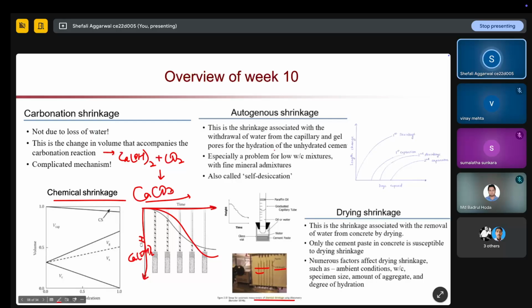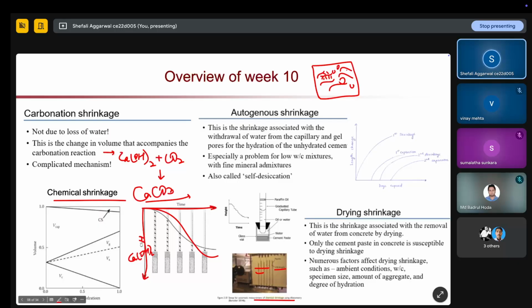Autogenous shrinkage is due to removal of water from the capillary and gel pores. If you remember the microstructure, you will have CSH gel, and in between the layers you have gel pores, and outside you will have capillary pores.